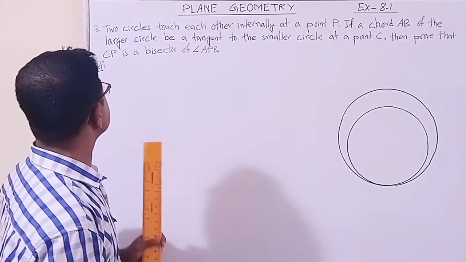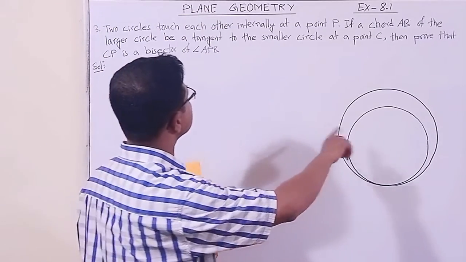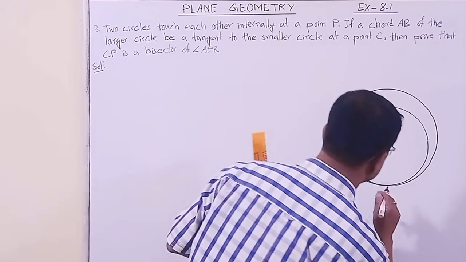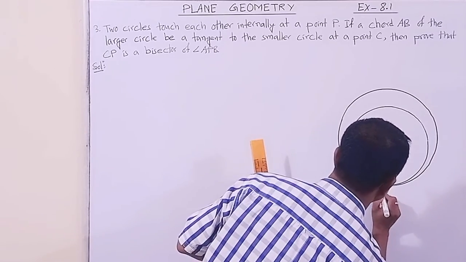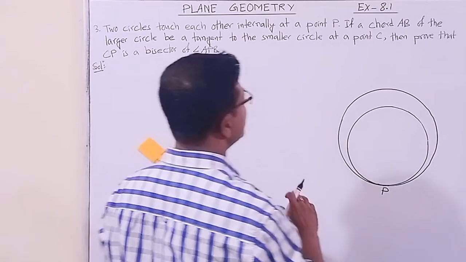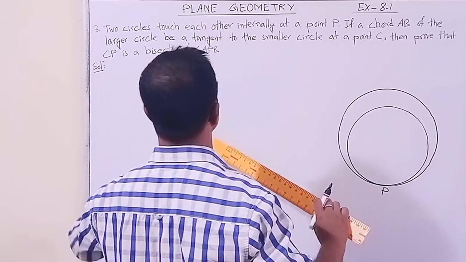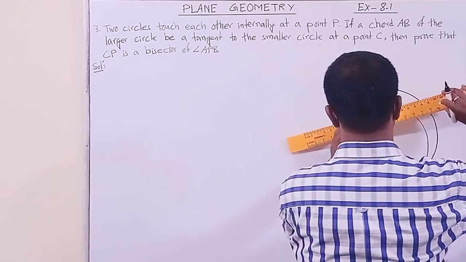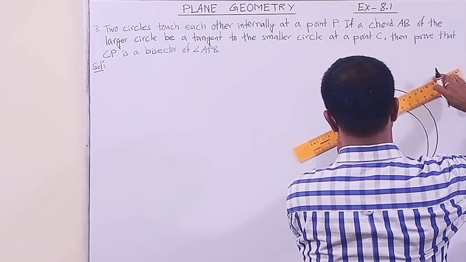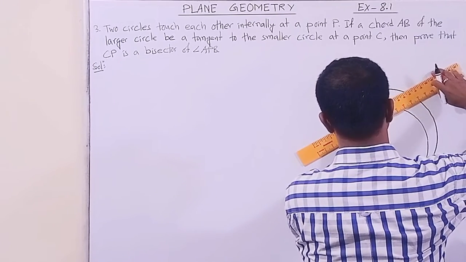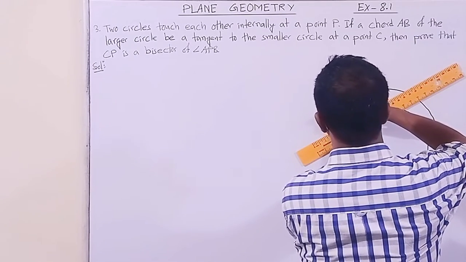Now dear students, we have taken question number 3. Here two circles touch each other internally at a point P. Let us mark this point P. If a chord AB of the larger circle, let us consider chord AB, anywhere. Suppose this is chord AB of the larger circle.